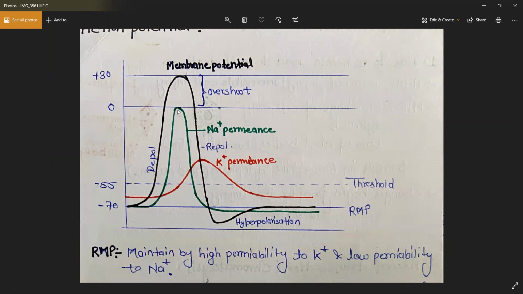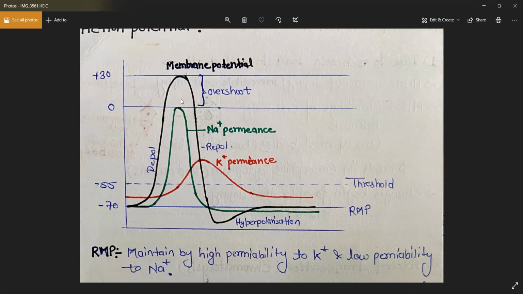It will reach a peak. When the membrane potential is plus 30, the permeability will be at the maximum, and at that time the sodium channels will start closing. As a result, the permeability of the sodium will decrease, and you will also have the opening of the potassium channels, as you can see.